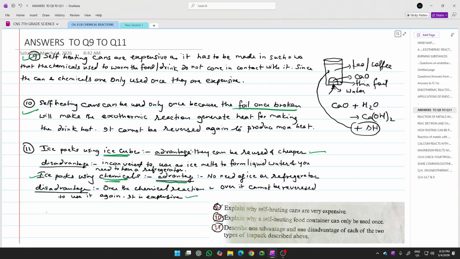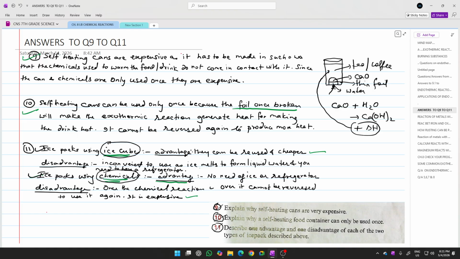One is the one which uses ice cubes, and the other one is in which they use chemicals. Both of these ice packs are used for the same purpose.